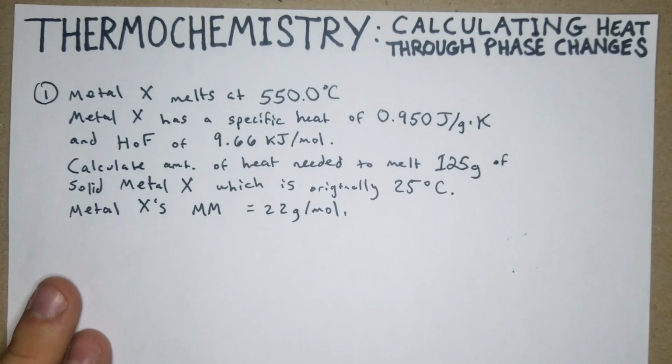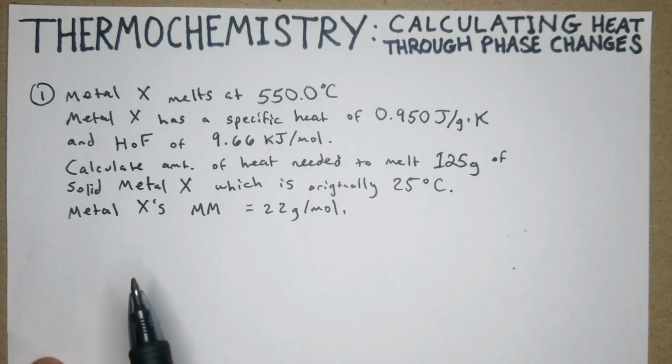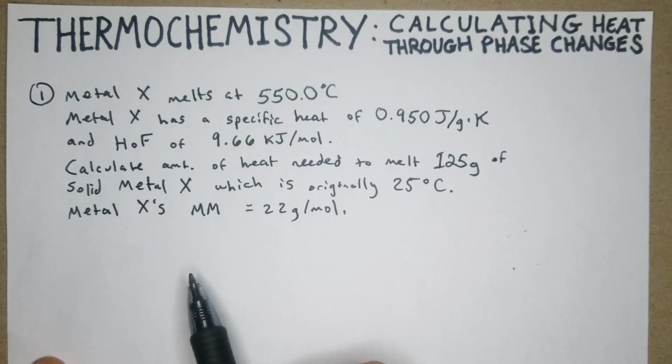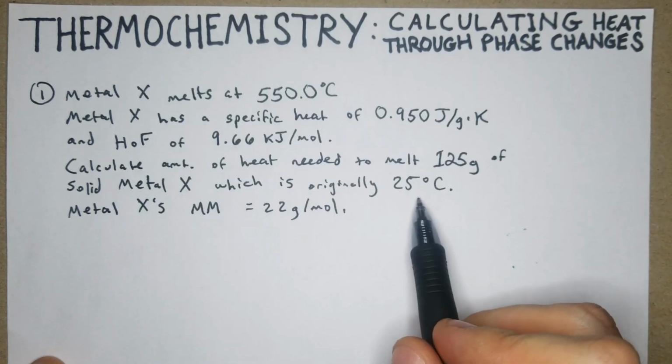So it's kind of a wordy problem so far compared to some, but I think a good way to start is, let's see where we're at. It said solid metal X, which is originally 25 degrees Celsius.